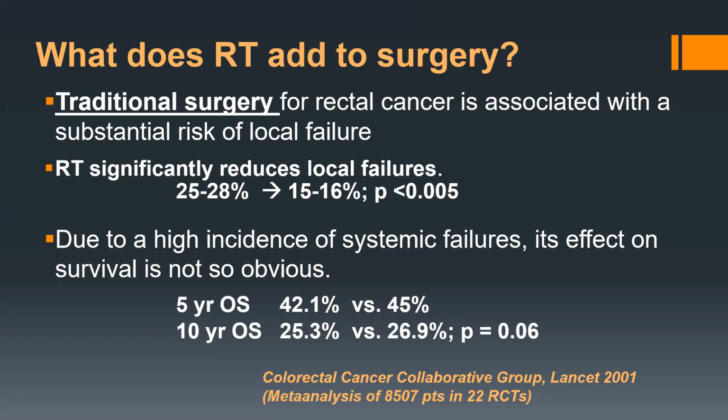So let's say it brought it down to half its original value. However, due to a high incidence of systemic failures, its effect on survival was not so obvious. Although there was an improvement in survival, that just missed being statistically significant.